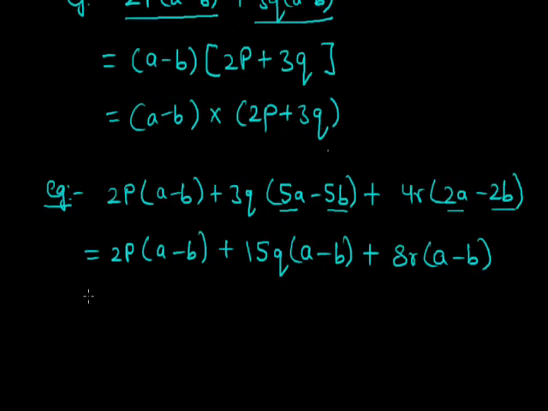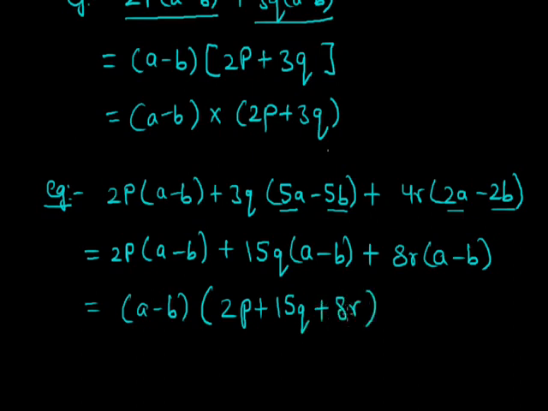Now observe these three terms: the common term in all of them is a minus b, and we got this a minus b by taking out 5 from the second term and by taking out 2 from the third term. So now if you take a minus b common, the remaining will be 2p plus 15q plus 8r.